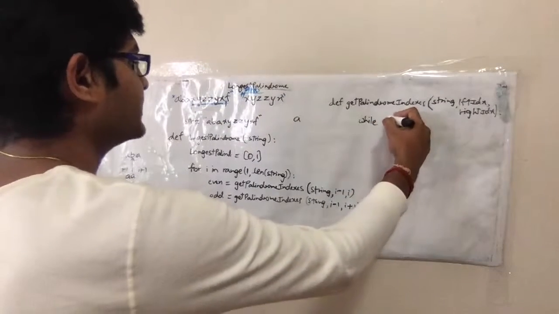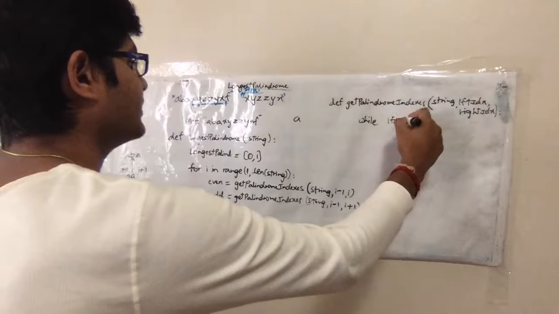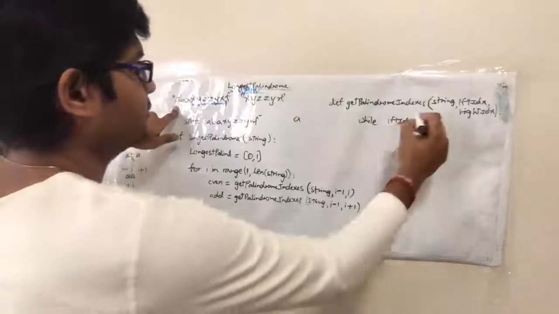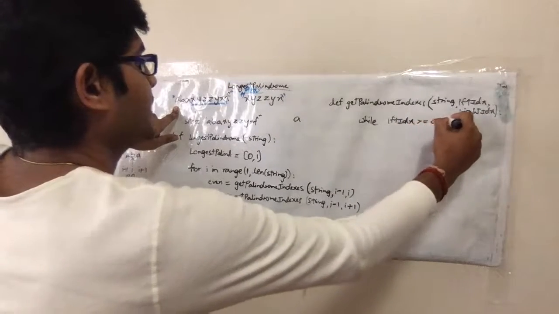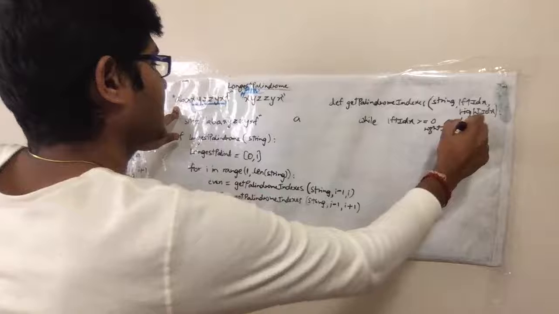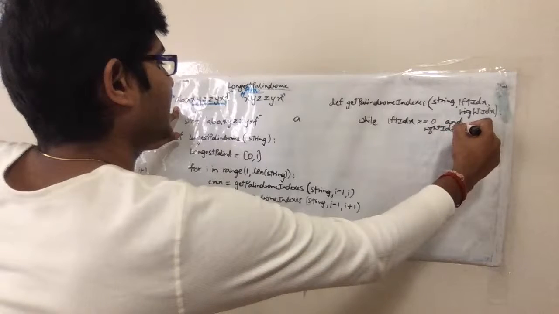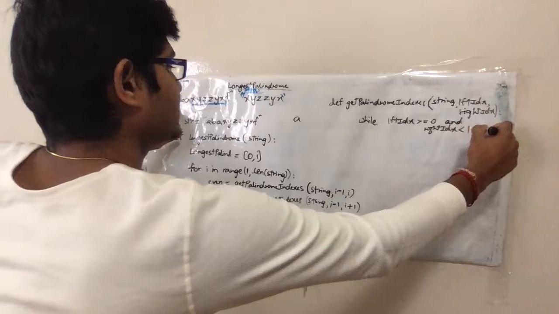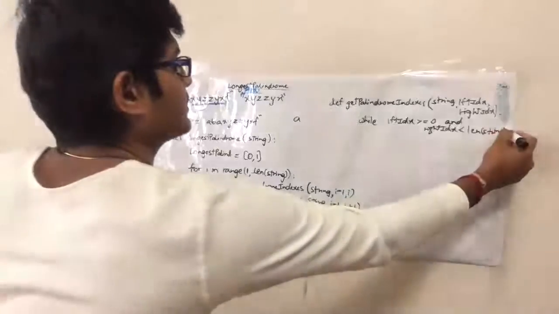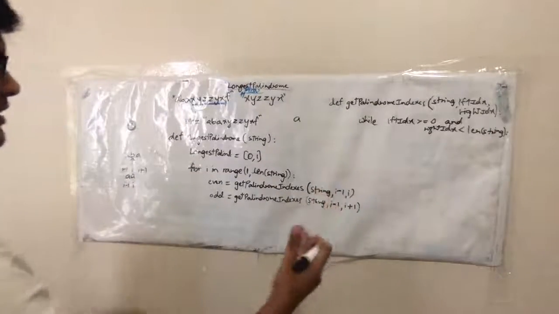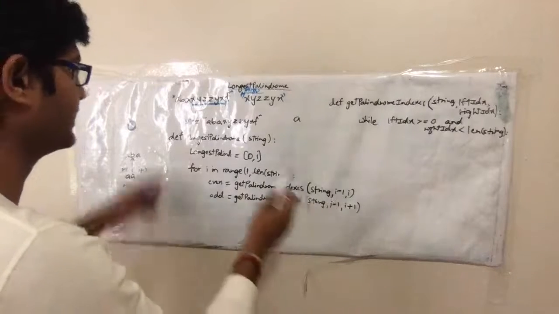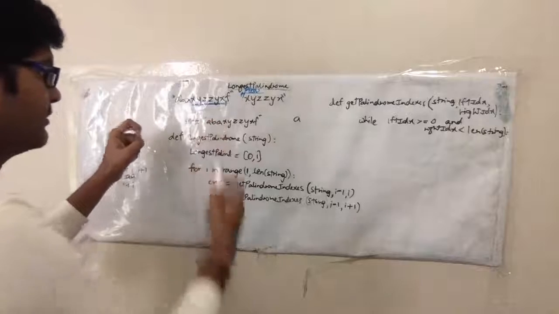So while I am initially checking whether left index should be greater than or equal to 0, and right index less than the length of the string. So we check whether the passed indexes are within the range of the given string.